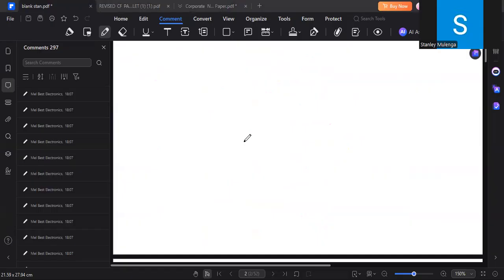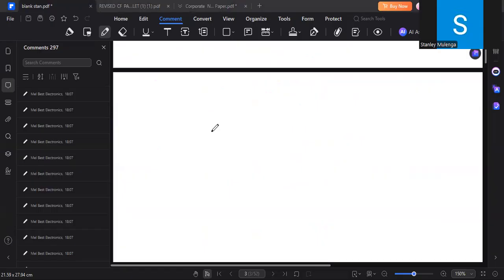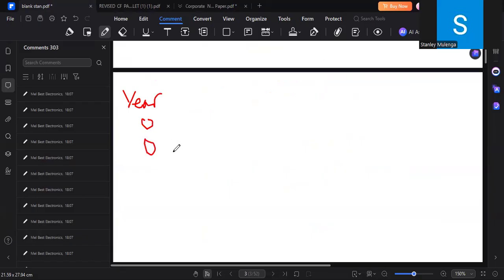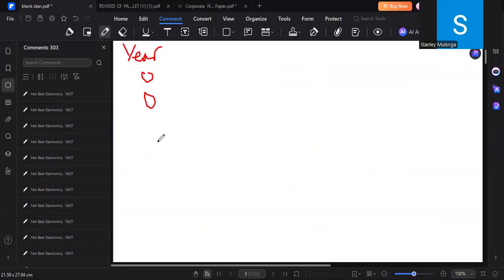So we are going to have this kind of layout, so we are going to have the year. So year 0 is 0, okay? Then year 1, year 2, year 3.